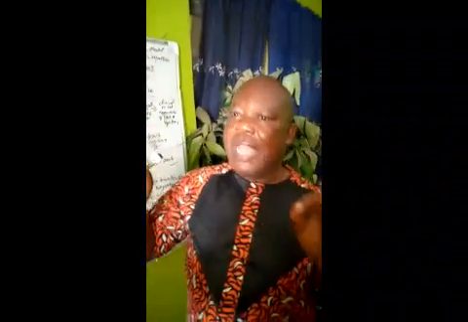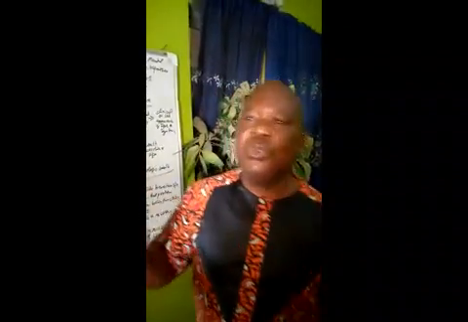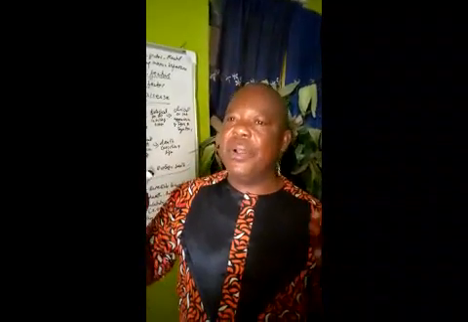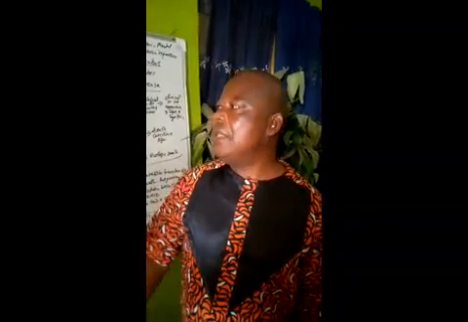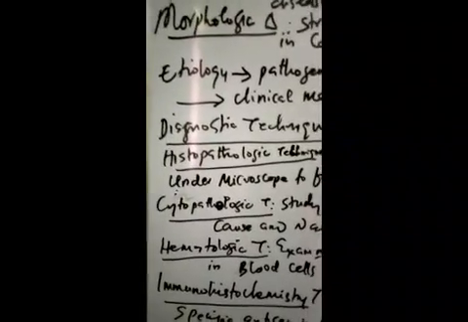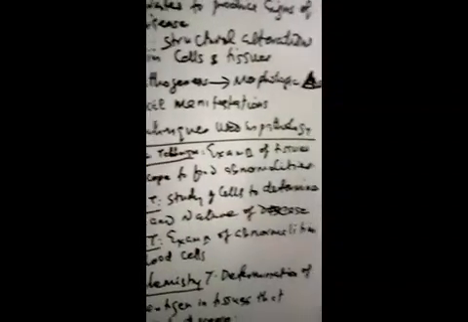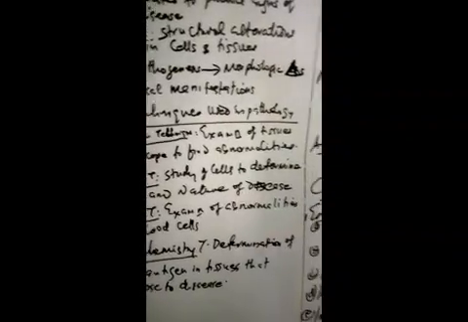Now, diagnostic techniques used in pathology. Techniques used in determining or examining or finding out the cause of what? Disease. One is histopathologic technique. Examination of tissues under the microscope to find abnormalities.